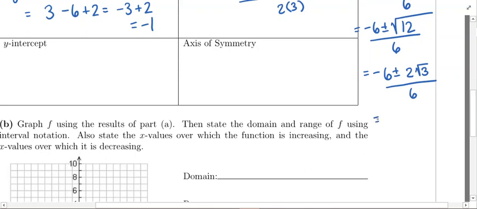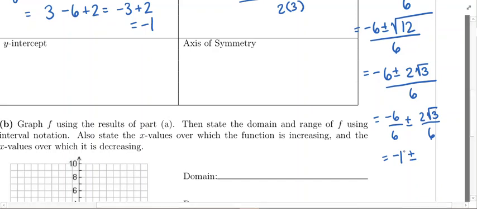I've told you this before. The correct way to break up a fraction is to take everything in the top and divide by the entire denominator. So we need to do -6 divided by 6 plus or minus 2 square root of 3 divided by 6. Then -6 divided by 6 is -1 plus or minus, and you cannot do anything with that square root.